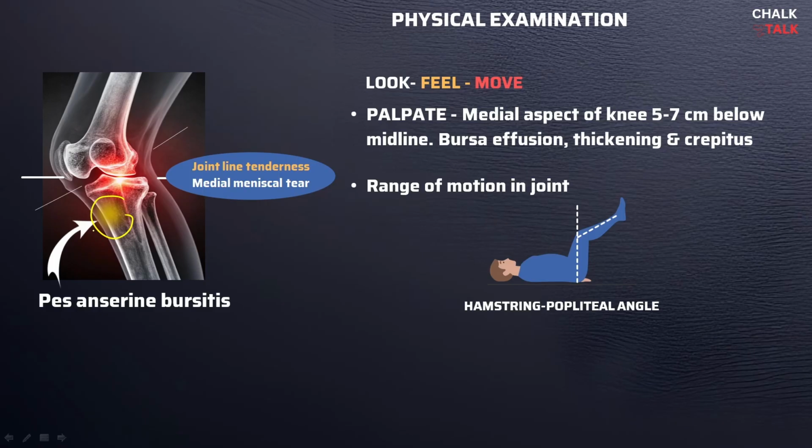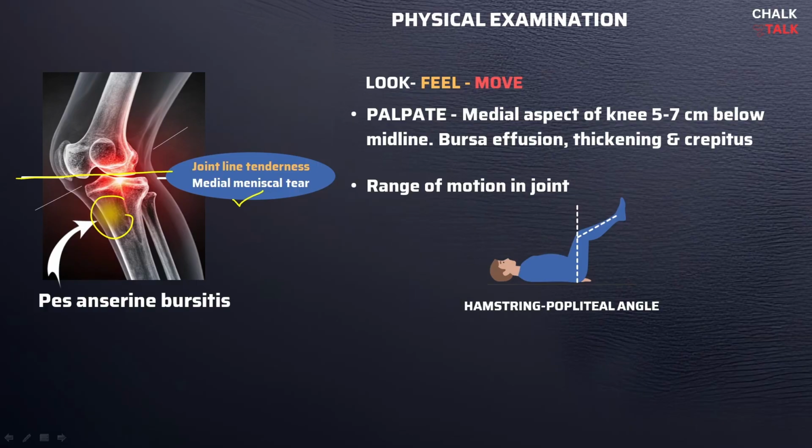Even though the bursa lies deep to the tendons, you may sometimes feel effusions or thickening, and crepitus may be present, which can indicate inflammation of the bursa. Again, any tenderness at the joint line should raise suspicion for different disorders. If the patient's pain is at the joint line, you could actually be dealing with a medial meniscal tear or a stress fracture on the medial side.